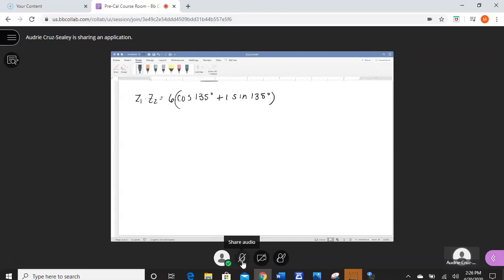Okay. And then z1 over z2 would equal what? 1/3 cosine of 15?